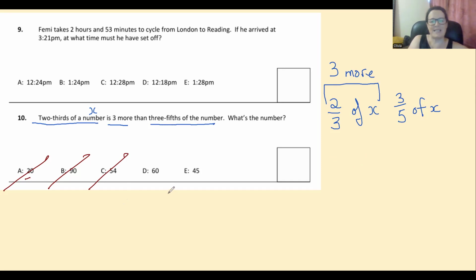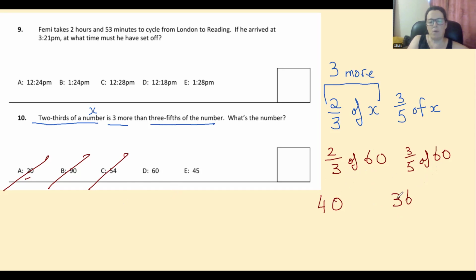Let's have a look at 60. So 2/3 of 60, 3 into 60 goes 20 times. 20 times 2 is 40. 3/5 of 60, 5 into 60 goes 12 times, and we've got 36.